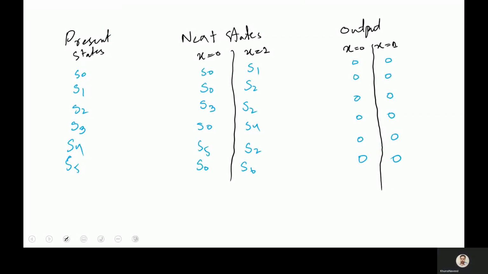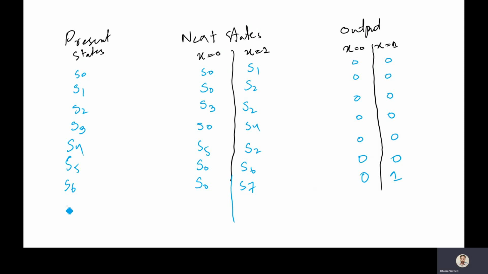So at present state S6, next state is S0 and S7, and output is 0 in this case, but 1 in this case, right?